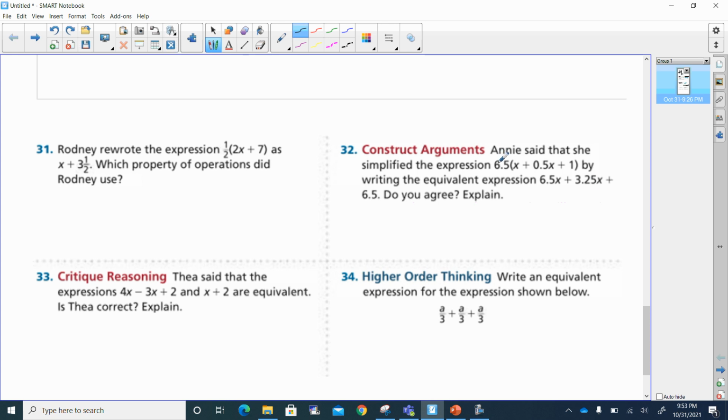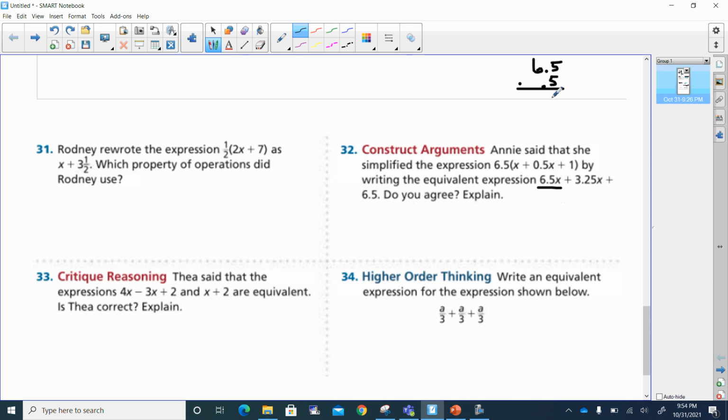I know that 6.5 times x will be 6.5x. And 6.5 times 0.5x, we'll have to see what that is. All right, so let's see if we get 3.25x.